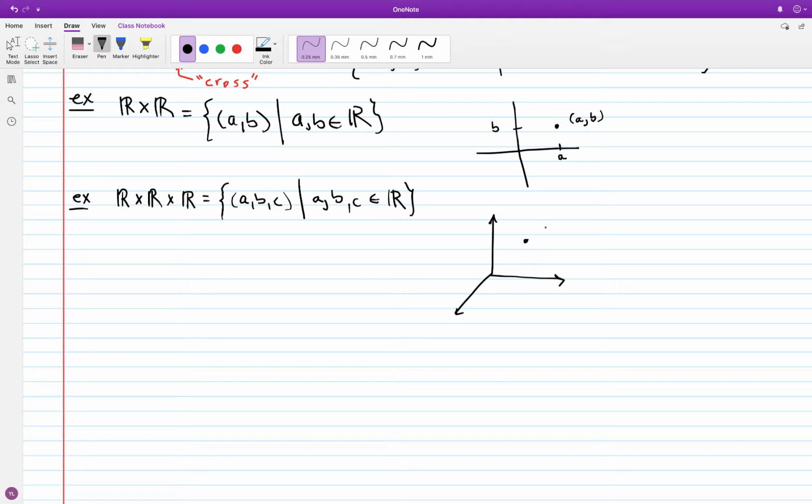So saying a point in 3-space is a, b, c, depending on your convention, but in mathematics usually this is the first coordinate, this is the second coordinate, and this is the third coordinate. So saying that this is the point abc is saying you go a out on the x-axis, b out on the y-axis, and then c up on the z-axis. So you plot points in 3D.